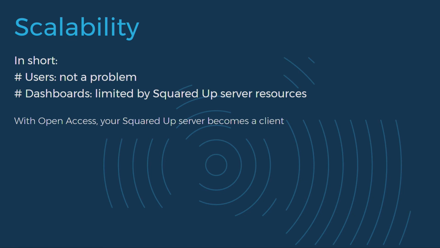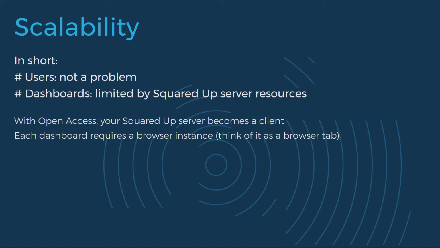So now actually you have all of the JavaScript, for example, running on the server. Each dashboard requires a browser instance. So think of it as a separate tab viewing each dashboard. And this is why you've got to be careful with complex dashboards. So you can publish anything as open access. You can publish Vader diagrams as open access. You can publish a graph of 1,000 CPU metrics as an open access dashboard.